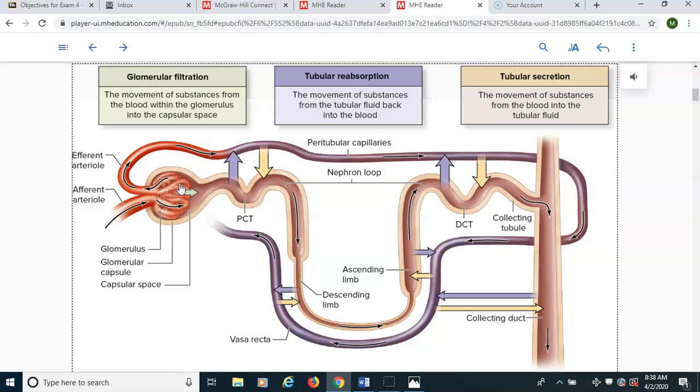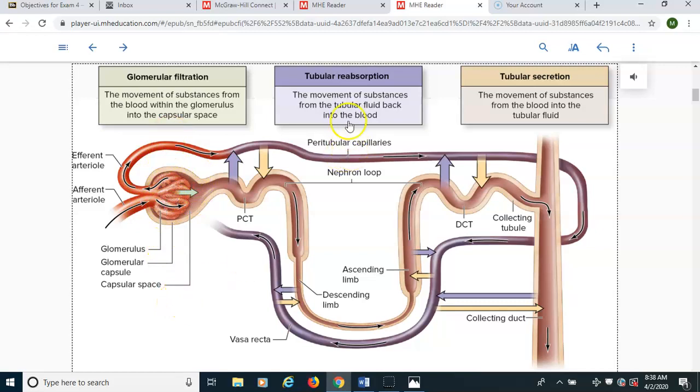This arrow is showing some components, not all, of the blood being filtered at the glomerulus. So they call that glomerular filtration: the movement of substances from the blood within the glomerulus into the capsular space. That's the definition you should know, and it only happens at the glomerulus.